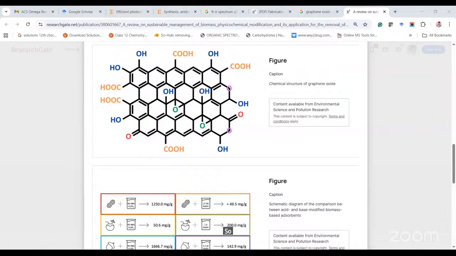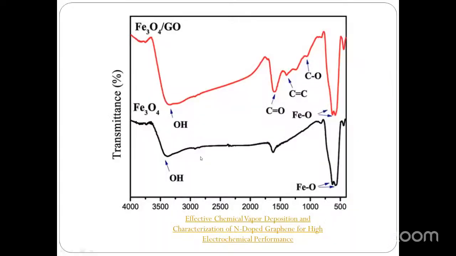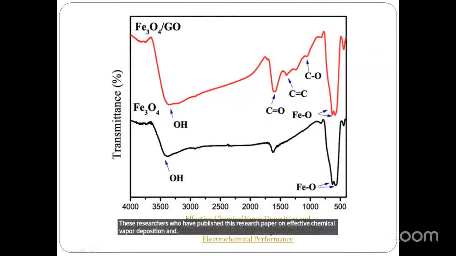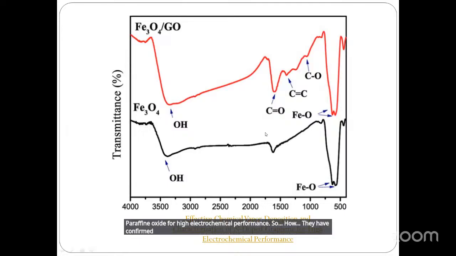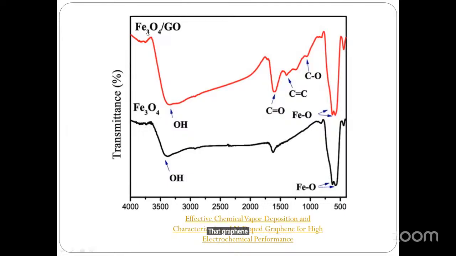What I would like to show here is that in this IR spectrum, these researchers who published this research paper on effective chemical vapor deposition and characterization of graphene oxide for high electrochemical performance, how did they confirm that graphene oxide is doped in Fe3O4?